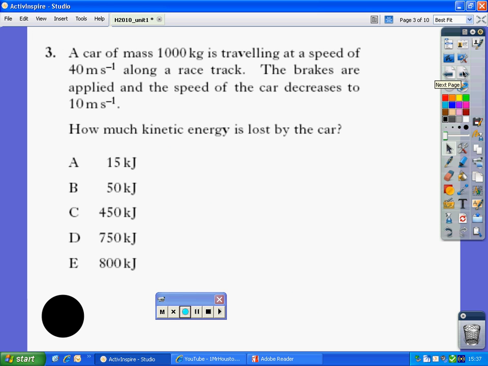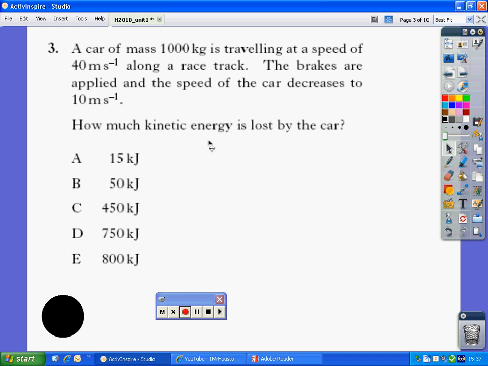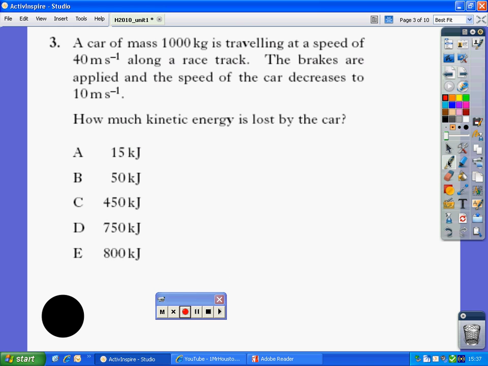This type of question is mainly calculation. What you have to do is ignore the potential answers and consider the calculation. We're looking for kinetic energy, which you should know is a half mv squared. For the energy at the beginning, it's a half times 1,000 times 40 squared.